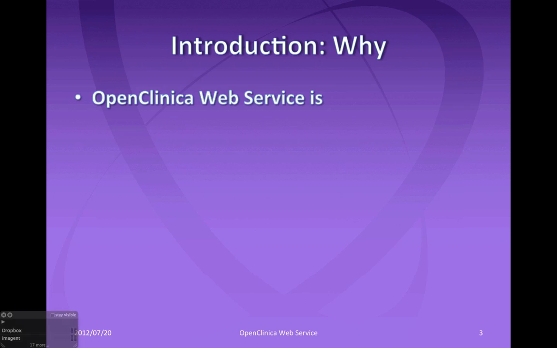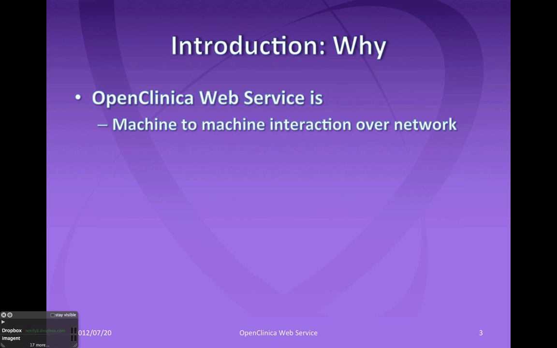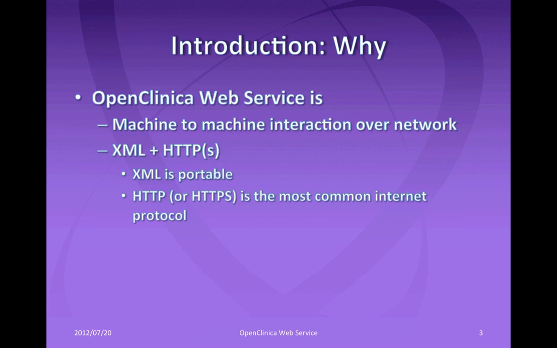A web service is a software system designed to support interoperable machine-to-machine interaction over a network. The basic web service platform is XML plus HTTP, sometimes HTTPS. XML provides a language which can be used between different platforms and programming languages and still express complex messages and functions.